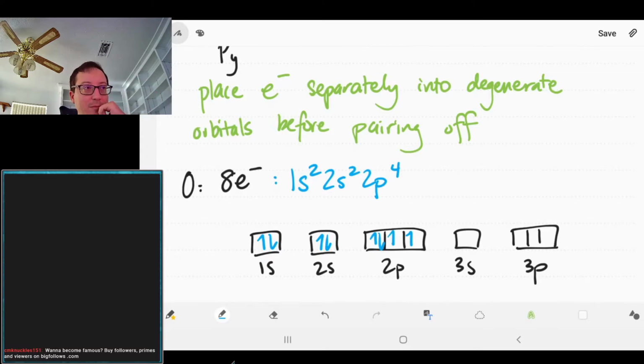But notice a couple things here. All those s orbitals, for whichever subshell they're part of, can each hold 2 electrons. And we see that the p subshell can hold 6 electrons because there are 3 orbitals that make it up.